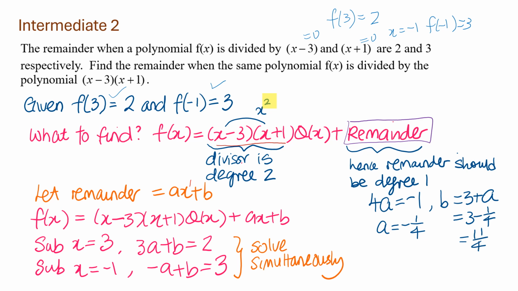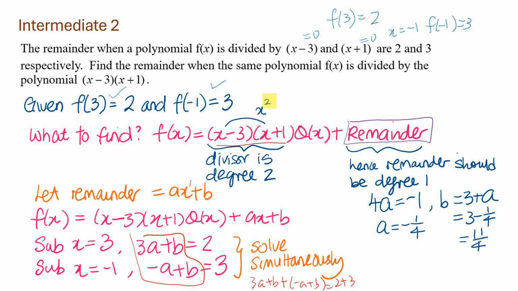How do you solve it simultaneously? Basically, you just add. Take 3a plus b. You can solve it using the substitution, the elimination method, sorry. 3a plus b plus bracket -a plus b equals to 2 plus 3.